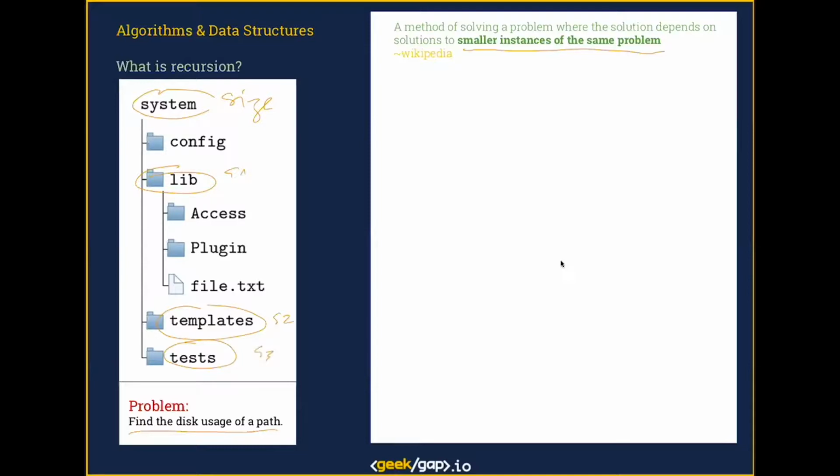And really, it's the same problem, because if you zoom in here, in order to get the size of this one, you need to get the size of this, and the size of this, and so on and so forth. So really, that's what recursion is. Once again, you're asked to find the size of this folder, but before getting the size of this folder, you need to know the size of its children.